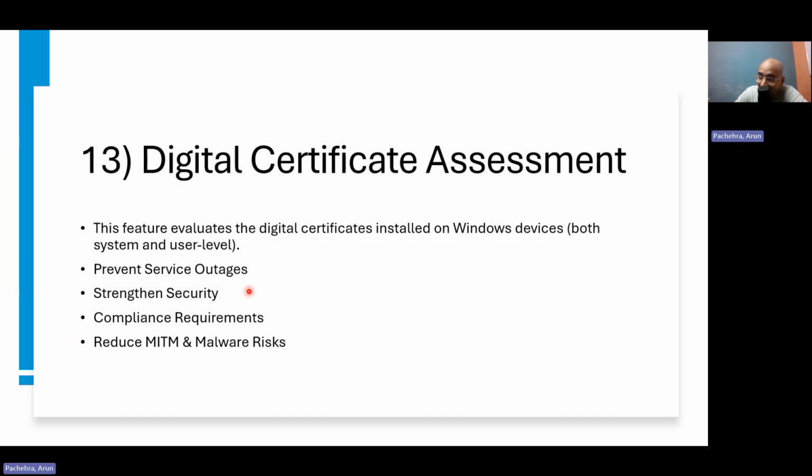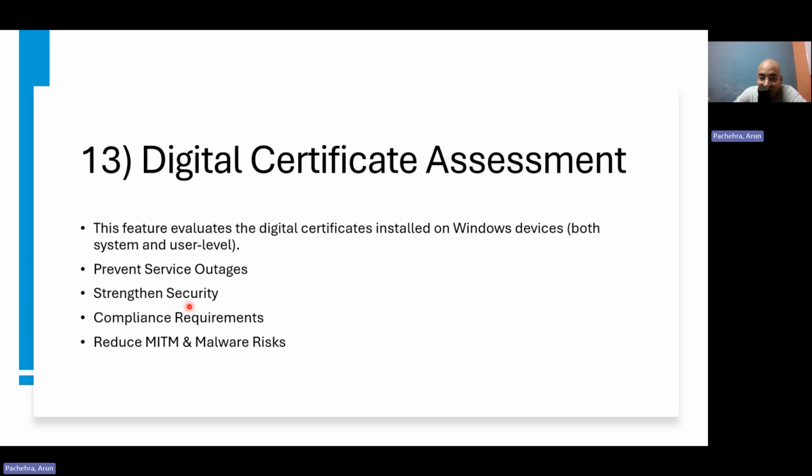So how does it help? It prevents service outages, because an expired TLS or code signing certificate can suddenly cause outages. We don't want that. So DVM proactively warns before expiration so IT teams can renew them in time.